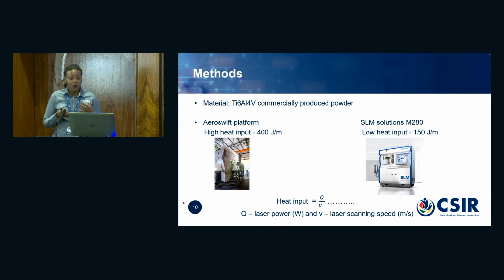What we found with the Aeroswift machine, remember I said it has this large laser power, is that its heat input is also quite big. It was 400 joules per meter, while the commercial system, which uses a much smaller laser power, had a heat input of 150 joules per meter.